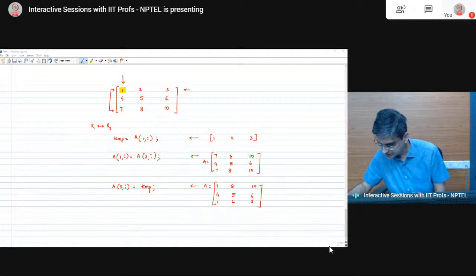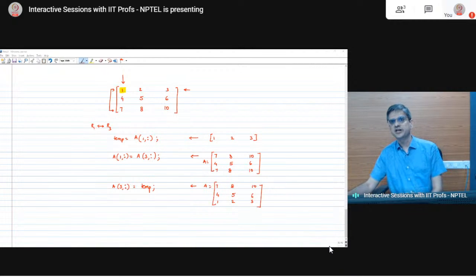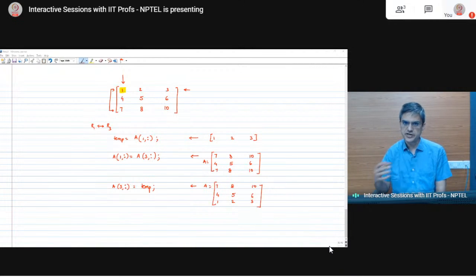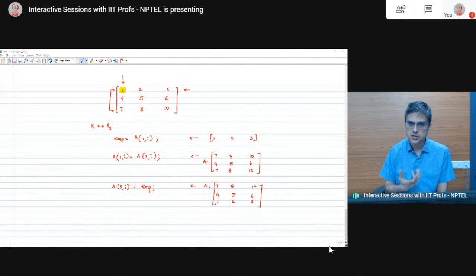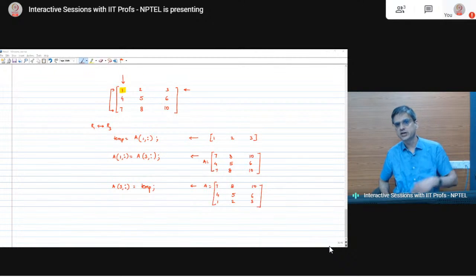Siddharth Kumar: I'm facing difficulty in solving the assignment because I'm new in Matlab and many questions are somewhat different from the class teaching. Yes, the questions are a bit different because in class teaching we focus on two things. One is the numerical concepts. In this course, if you look at every week, I've split it half and half.